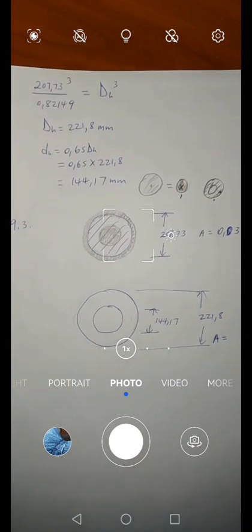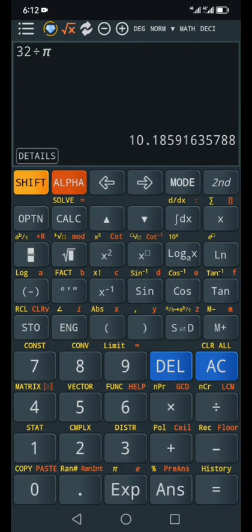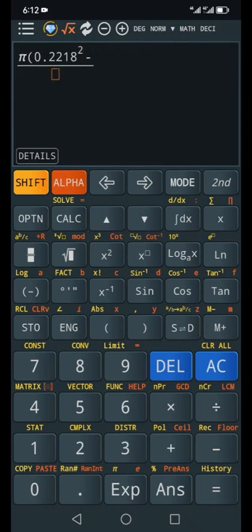Let's calculate the area for this. Outer diameter 0.2218, inner diameter 144, in meters, 0.144.